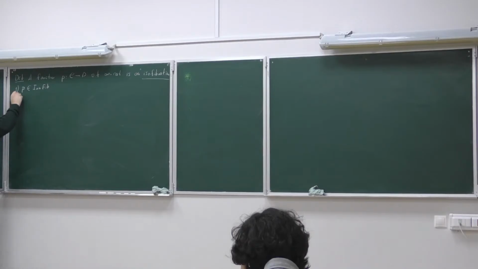And the second property is the variation of that property that I defined for just ordinary categories. So more precisely, I'm just repeating the condition.